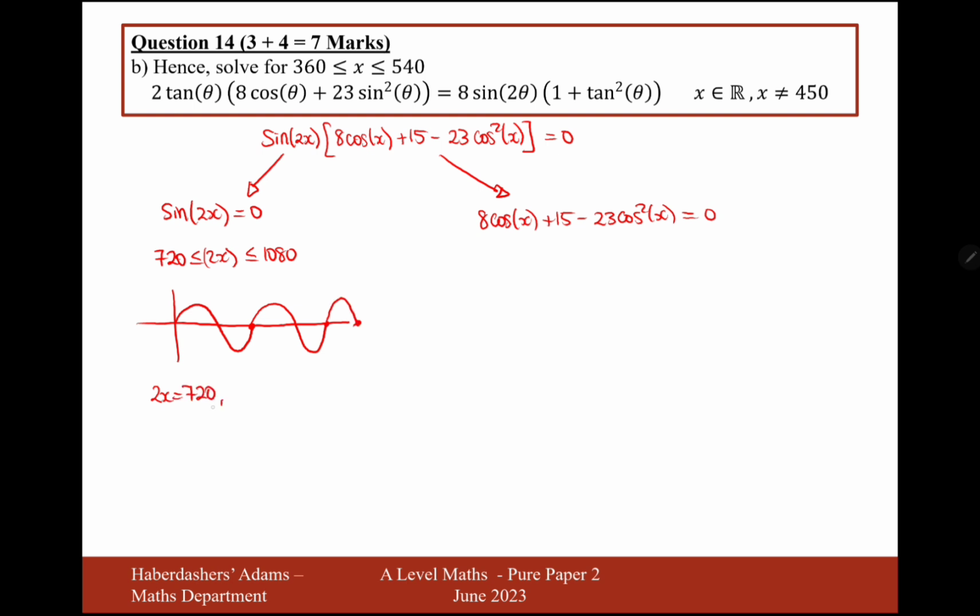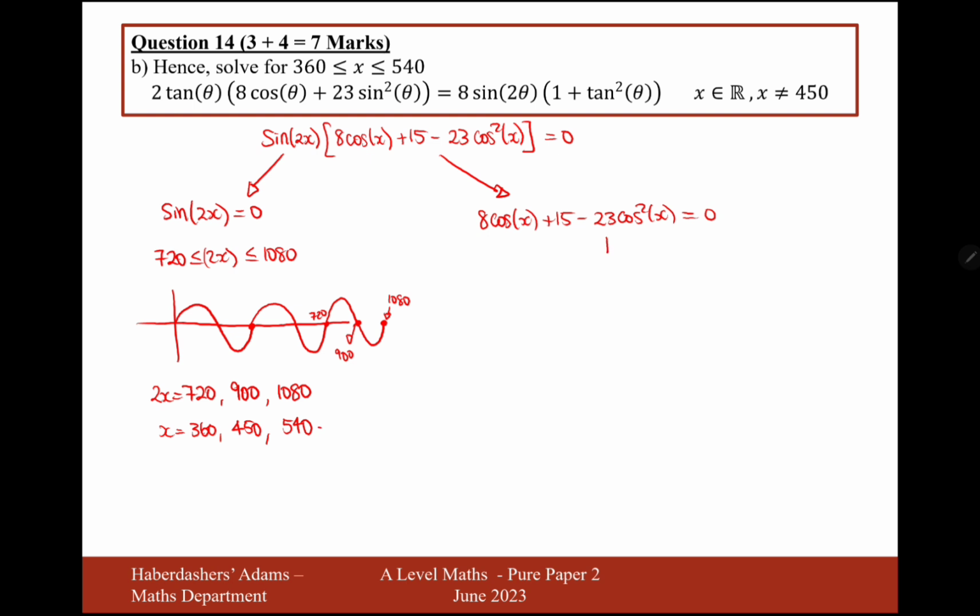The next solution is going to be 900, so that's add 180, and add another 180 is 1080. So this marker here was at 720, this point here was at 900, and this point here was at 1080. And then we halve all of these answers to get 360, 450, and 540. Okay, I'll come back to that in a second.